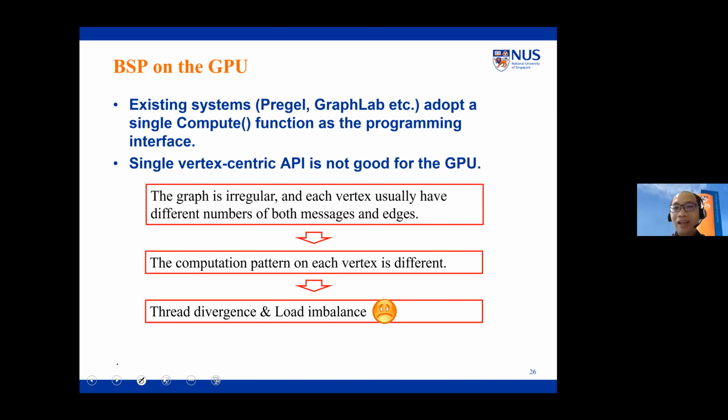Why is that? Graph is irregular, so each vertex can have a very different number of neighbors and can process very different numbers of messages. Think about PageRank and many other applications: the load can be very different among the vertices. That causes a lot of thread divergence and load imbalance.